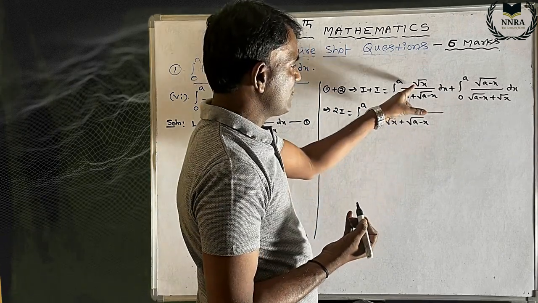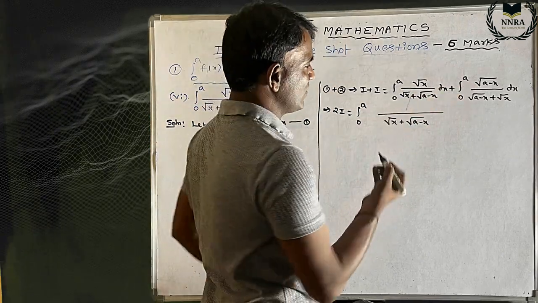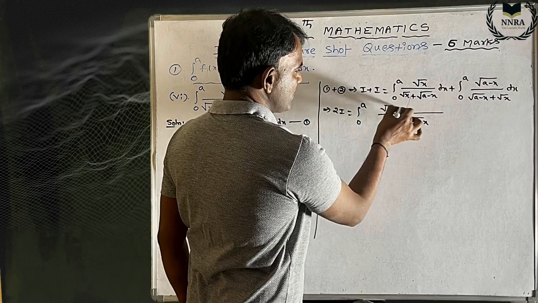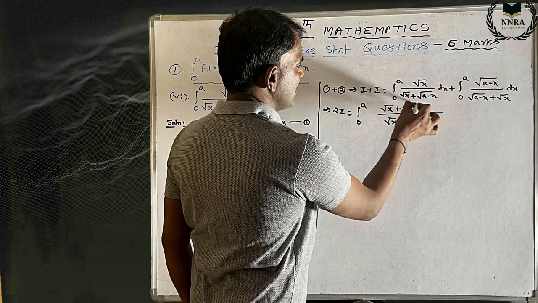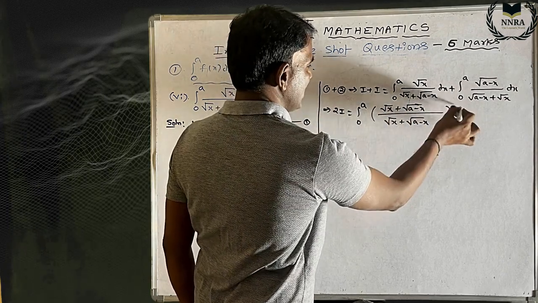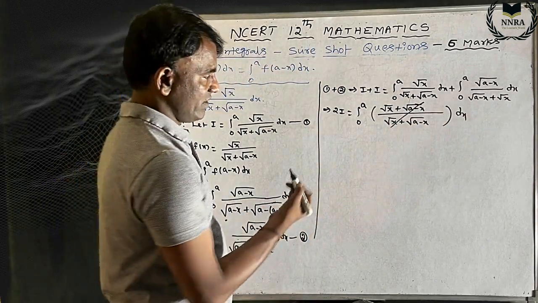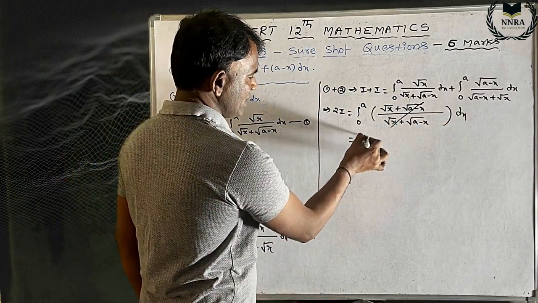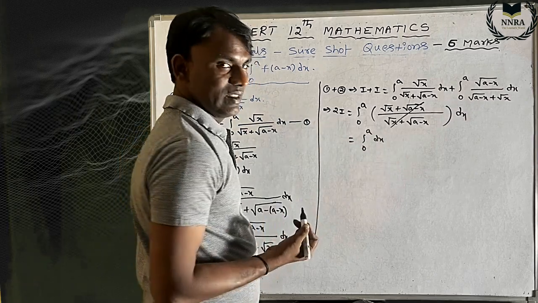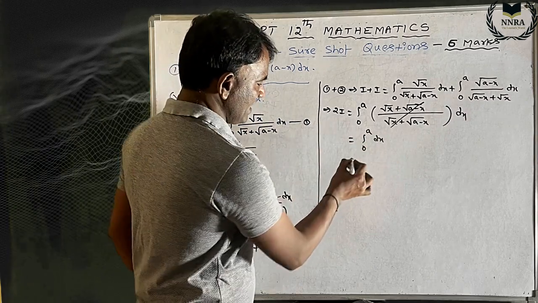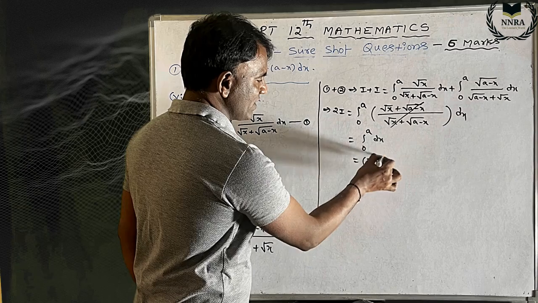So this is first term of the numerator, this is second term of the numerator, that is root x plus root of a minus x, then dx. Both get cancelled, right? Now what's the remaining? Integral 0 to a dx. But what is integral dx? That is x. So limits 0 to a.